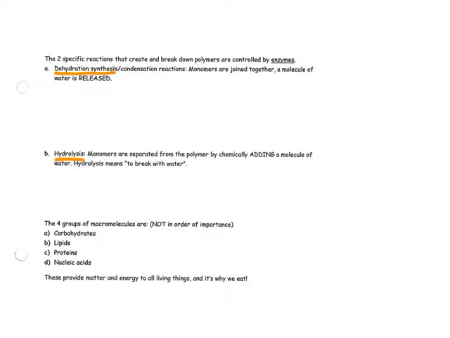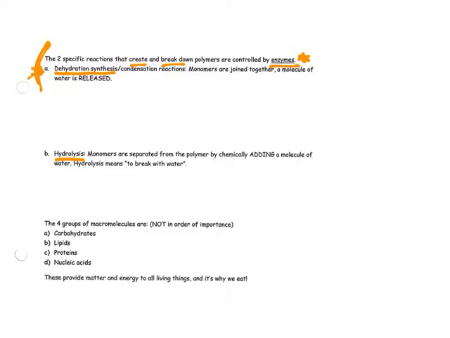So let's talk about each of these and draw it out so we can understand the chemistry that's going on. Let's read right here. The 2 specific reactions that create and break down polymers are controlled by enzymes. So that's important to know, that both of these reactions are dependent on enzymes, which we'll talk about later this unit as well. Know that enzymes are particular types of proteins that help chemistry happen.